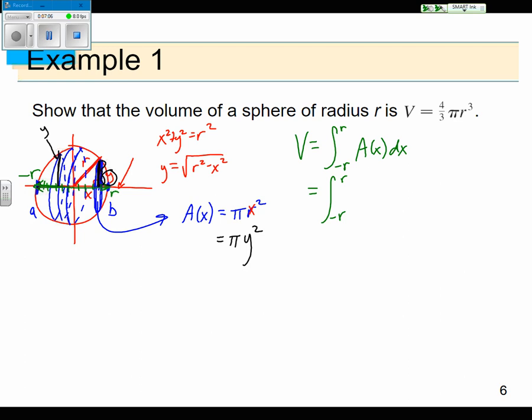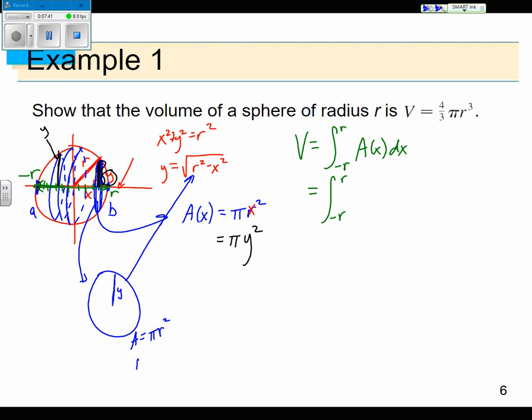And then in order to find the area of one of these disks, let me just pull this out right here. That disk is just a circle. I know it looks like an oval right here because I tried to draw it three-dimensionally. But that disk right there is going to be a circle with this radius that's equal to y, right? Well, if y is equal to the square root of r squared minus x squared, how I find the area of a circle is pi times the radius squared.